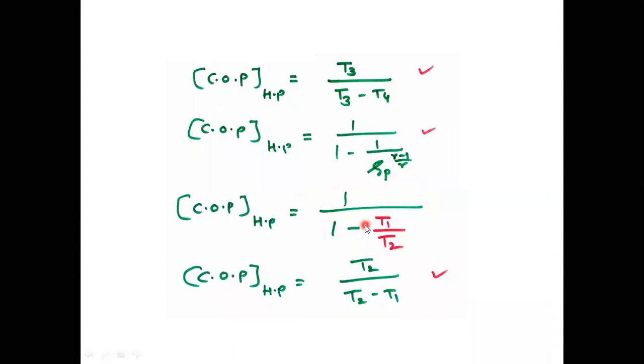So you can get three equations for the heat pump also. COP of heat pump is equal to T3 divided by (T3 minus T4), or 1 upon 1 minus 1 upon Rp raised to (gamma minus 1) upon gamma, or this form. So these three are the equations for COP of heat pump. These are the final equations. Thank you.